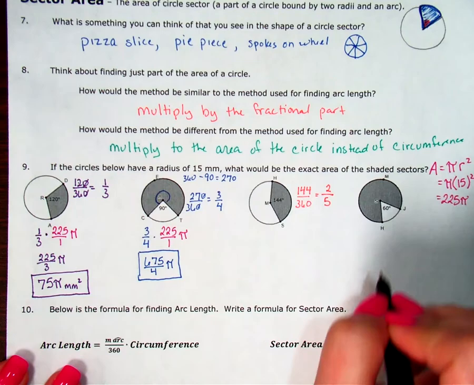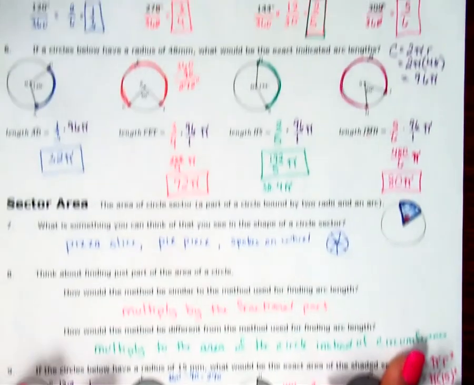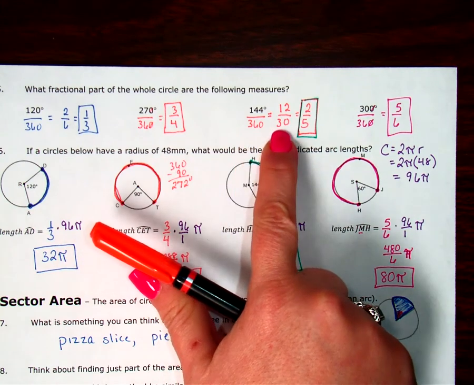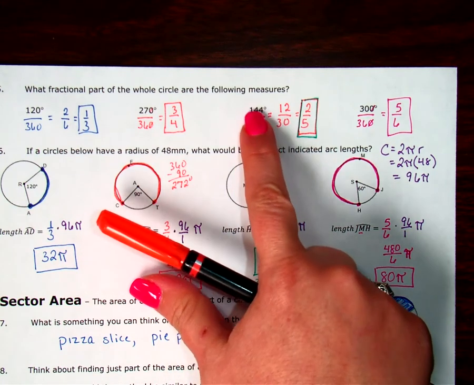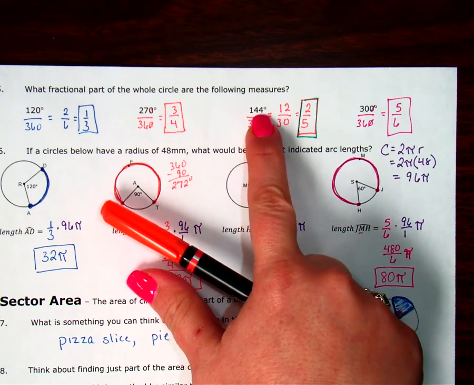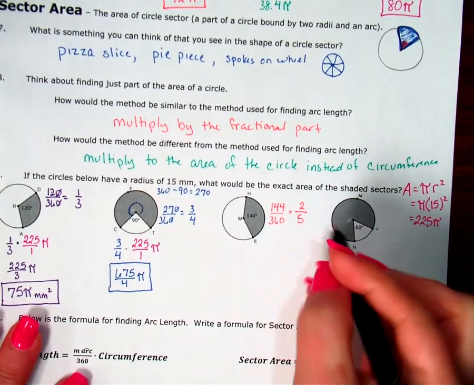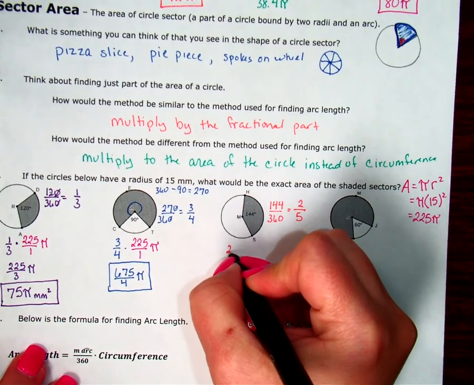And I kind of cheated because we already did that up here, 144 divided by 360. Last time I didn't know that 72 was what divided both of them evenly. I went with 12 and 12, and then I reduced that further. 2/5. That's my fractional part that's going to get multiplied to the area.